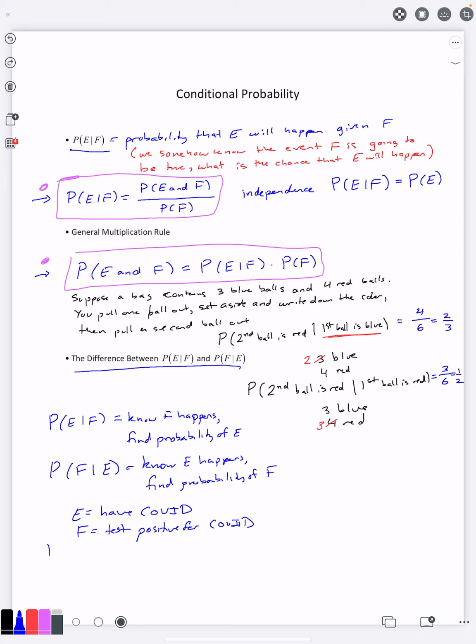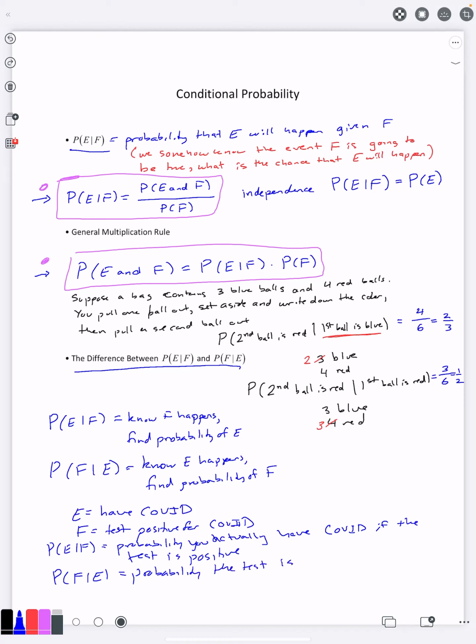So when we say the probability of E given F, this is the probability you actually have COVID if the test is positive. On the other hand, the probability of F given E is the probability the test is positive if you actually have COVID.